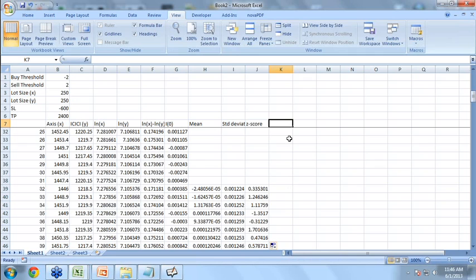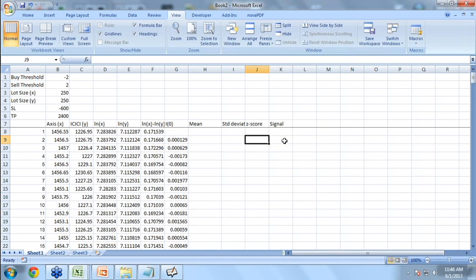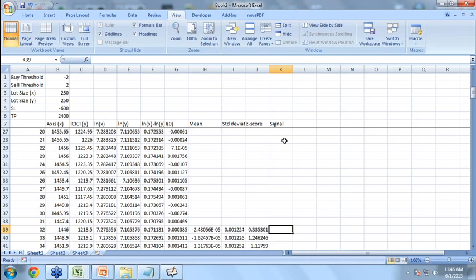All right. Okay. So how do we generate our signal in that case? Your signal would be: if this number, in terms of standard deviations, is less than this threshold, then you say it's buy pair.